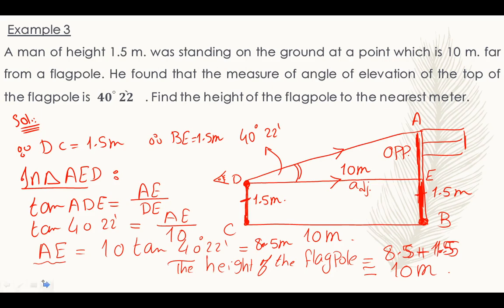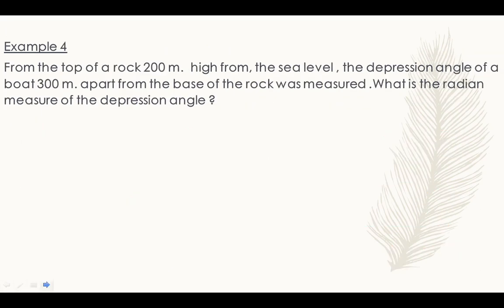Okay, let's go to another example. From the top of a rock 200 meters high from the sea level, the depression angle of a boat 300 meters apart from the base of the rock was measured. Here, the man is on the top of a rock, and the height of the rock is 200 meters high from the sea level.